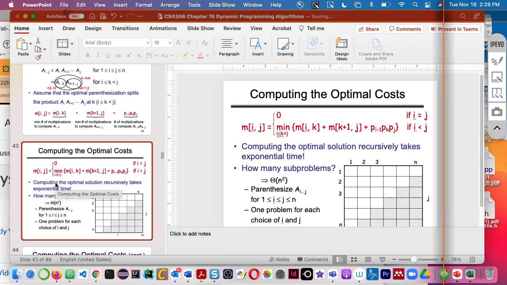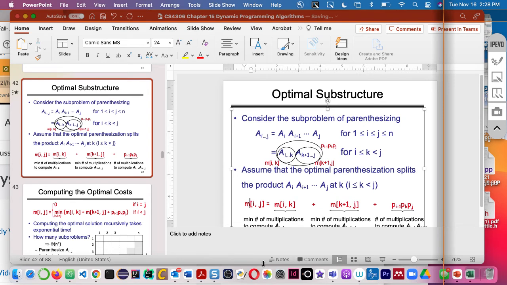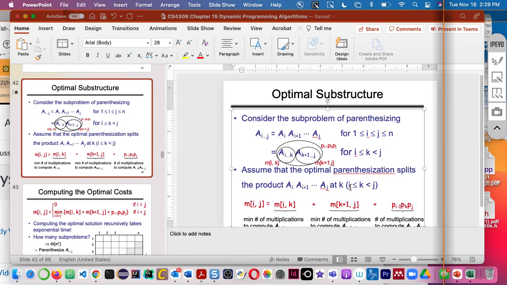So the algorithm over here says this is the formula. M is the memoization technique we will maintain, a 2-dimensional matrix. M[i][j] will be M[i][k] plus M[k+1][j] plus p(i-1) times p(k) times p(j), for k from i to j, with i less than j.